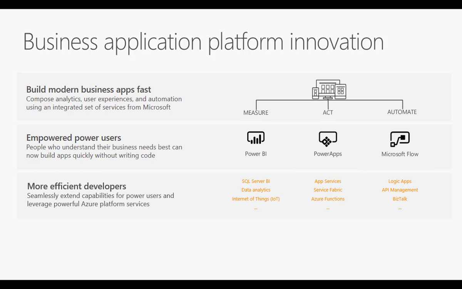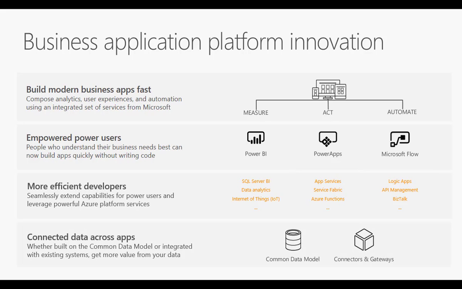And again, you'll see that you can work with it as developers as well, so we can connect it to SQL. You've got the Service Fabric there. You've got BizTalk connectivity if you want to as well. Now, all of this is basically living on the common data model and working with connectors and gateways. So that makes it a lot easier and a lot more consistent to work with.